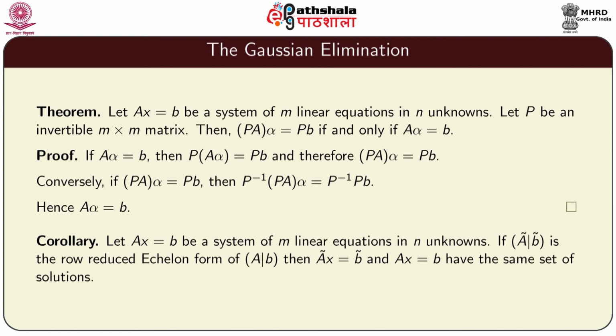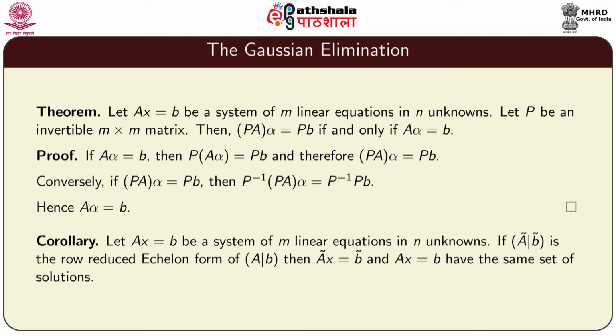Let us prove this statement. If A alpha is B, that is, if alpha is a solution of the system of equations Ax equal to B, then PA alpha is PB if we multiply by P on the left hand side, and therefore, by adjusting the braces, we can see that PA alpha is PB.